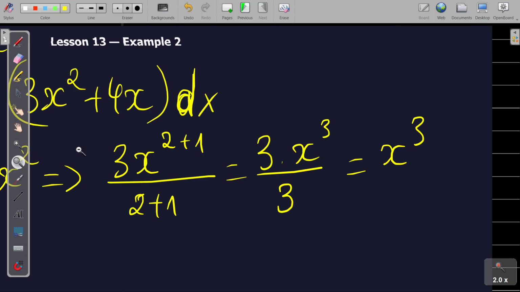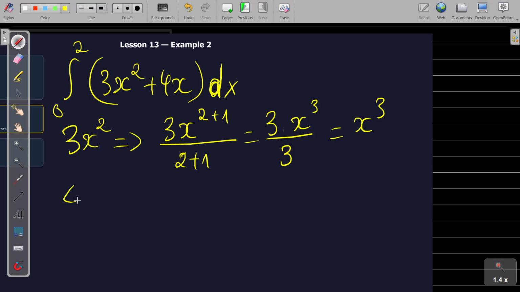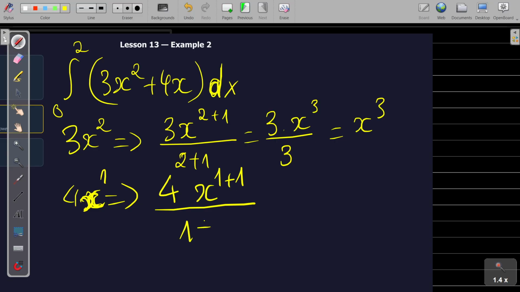So x cubed. The next term is 4x, so we need to take its antiderivative. Because this is to the power of 1. If it doesn't show any power, it is to the power of 1. So 4x, plus 1 to the power when you're doing antiderivatives, and then you bring this power down here as well, so 1 plus 1.